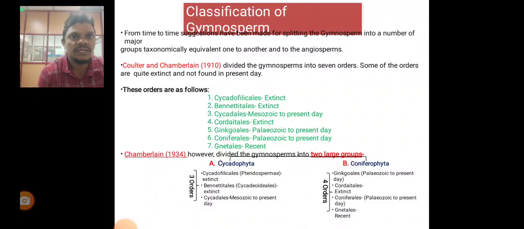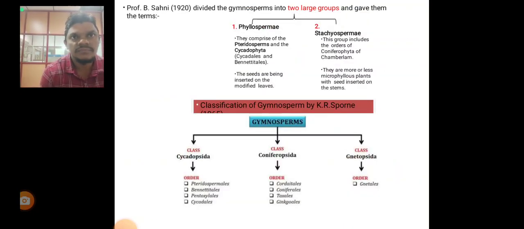Sporne, however, divided the gymnosperms into two large groups: Cycadophyta and Coniferophyta. Then another classification divides the gymnosperms into Phyllospermae and Stachyospermae. Another classification gives Cycadopsida, Coniferopsida and Gnetopsida.